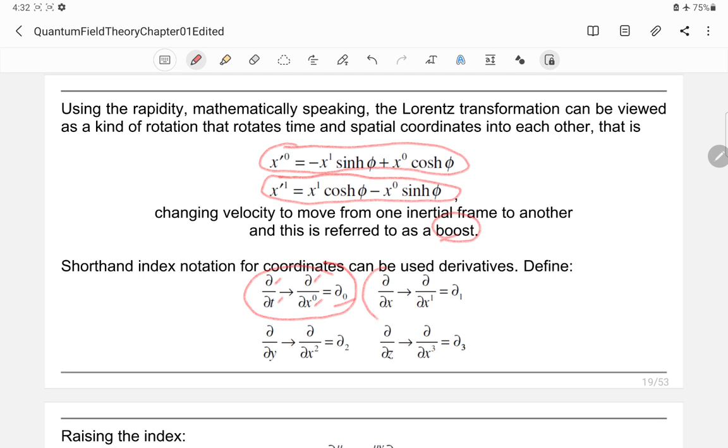And this one as well for the space. So don't be fooled by this one. This is a contravariant derivative, but you're getting a partial differential with respect to a contravariant. This is a covariant derivative, and you're taking a partial derivative with respect to a contravariant. Well, that will result in a covariant derivative.